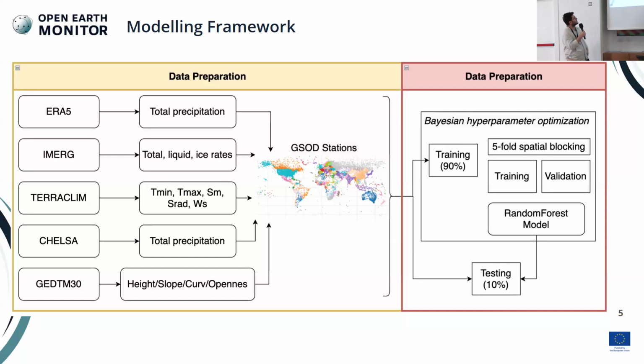We are also using the raw DTM heights along with a couple of derivatives of the DTM at the highest resolution possible. Together we prepare these covariates for each station, for each space and time, to create the final training data set, which we separated based on the number of stations. 90% of the stations were used for training and 10% for testing. We also did an 80 and 20 split.